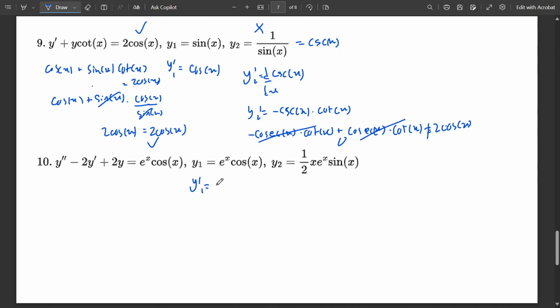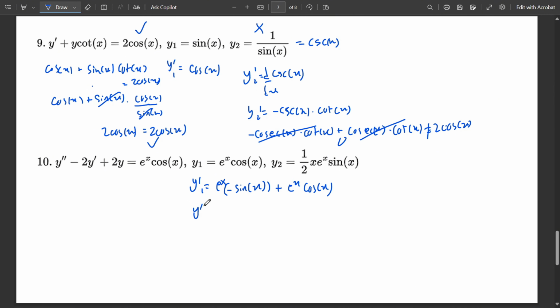Y prime equals, well, we have to use the product rule. We have e to the x times negative sine of x plus our derivative of e to the x cosine of x.